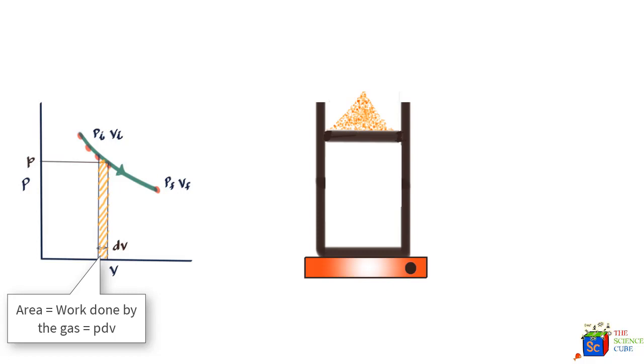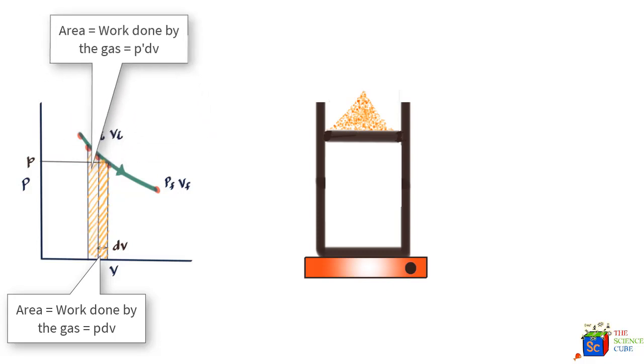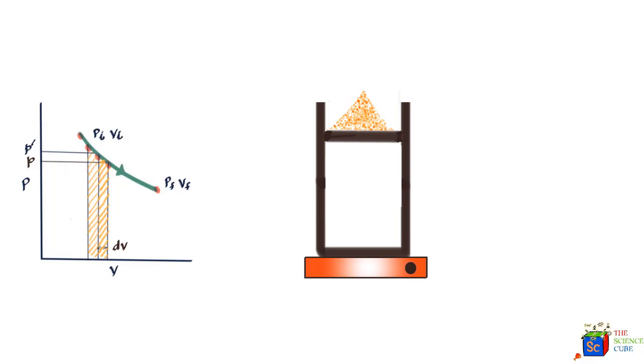Well, we can take another dV increase in volume. Say now the pressure is P dash, then again the work done is P dash dV. And we can keep making such boxes left and right such that the area of all boxes put together is the work done by the gas.